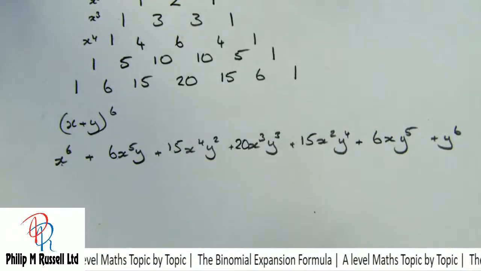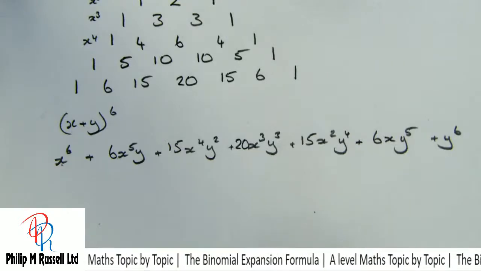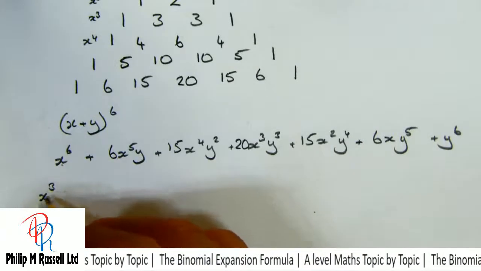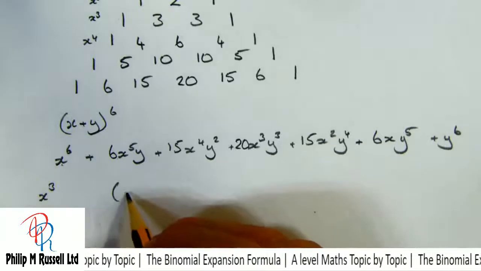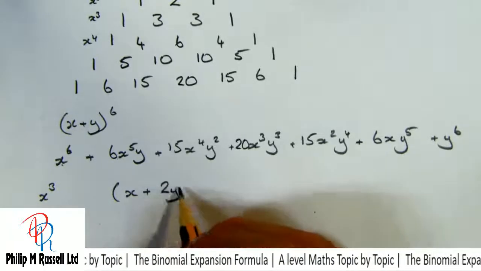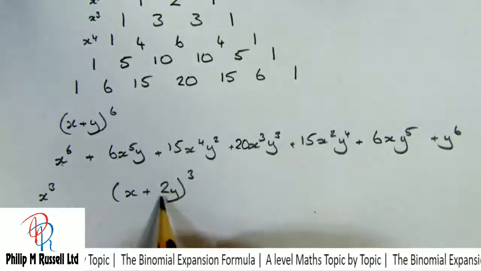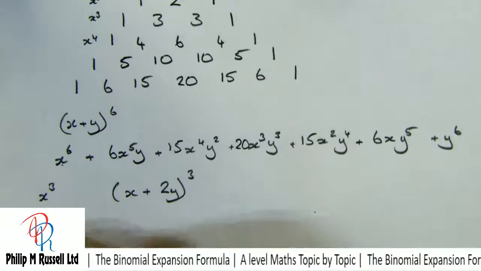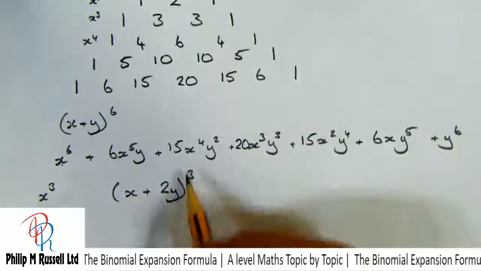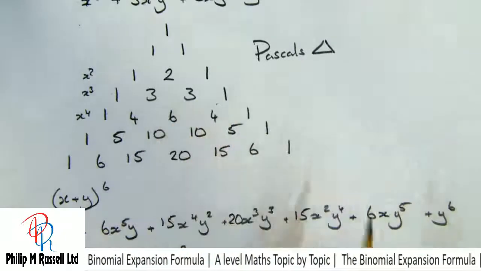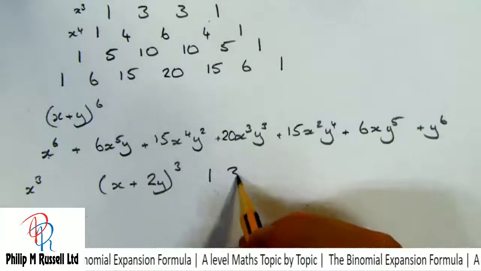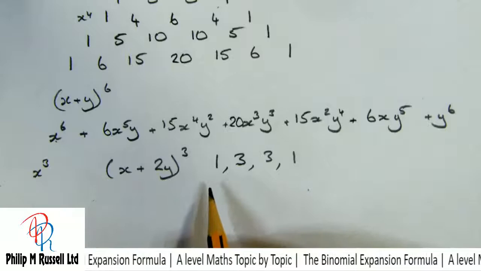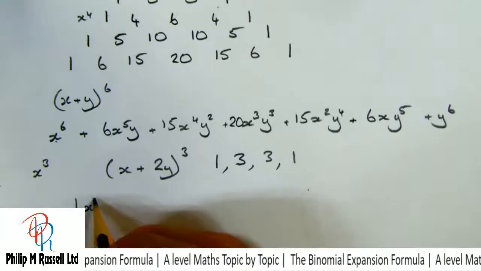Now, in the same way, let's suppose I'm asked to do a simple one, an x cubed one. Let's do (x + 2y) cubed. We can just write this down and see what we're going to get. If it's a cube, we're going to get this 1, 3, 3, 1. So I'm going to have 1 x cubed.